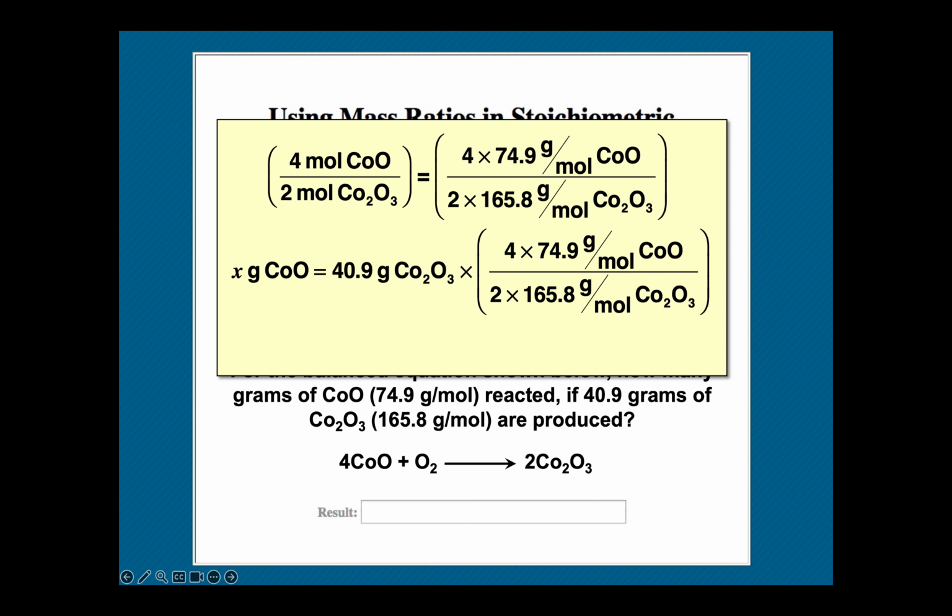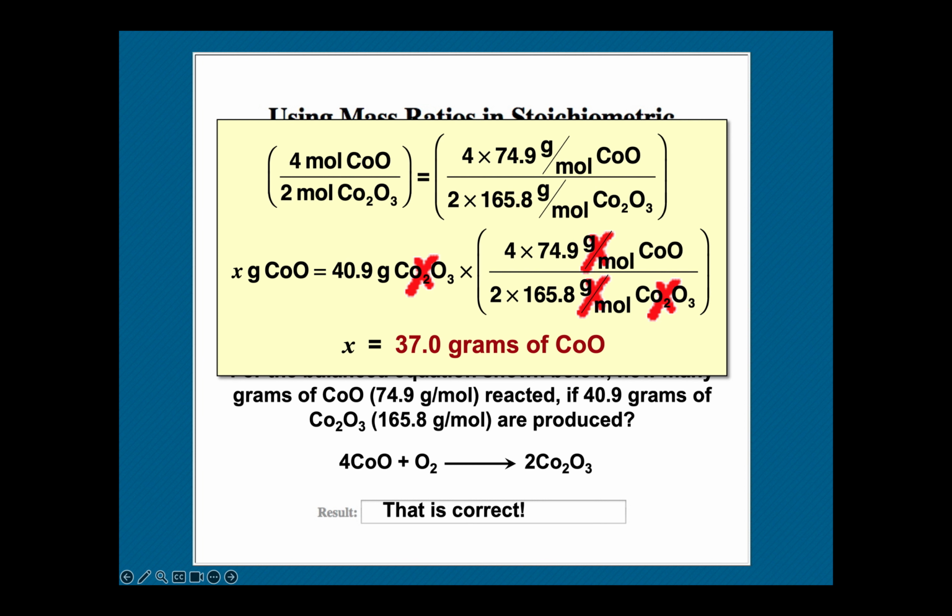Again, on the calculator, 41 times 4 times 75 divided by 2 divided by 166. Do all of those magic numbers, cancel a lot, and you get about 37 grams of cobalt 2. So there are lots of ways you can do this, just whatever works for you, whatever is simple and straightforward. Any questions?